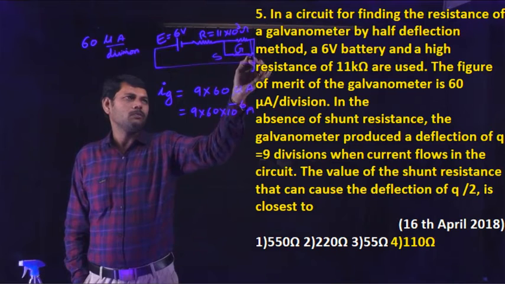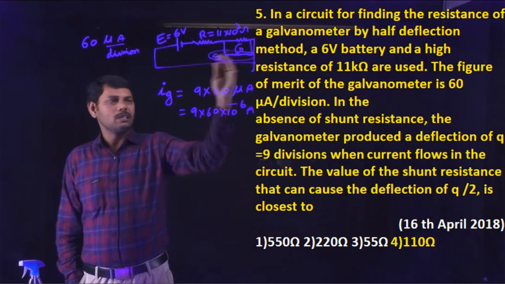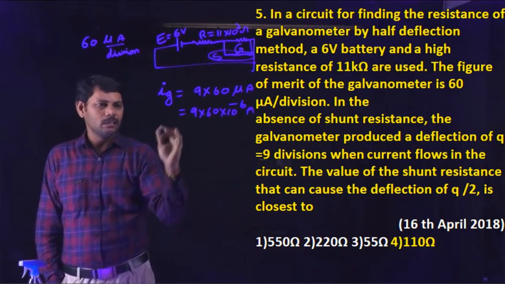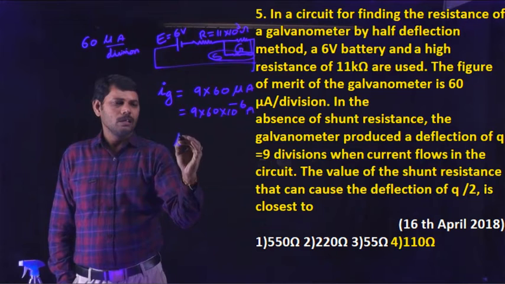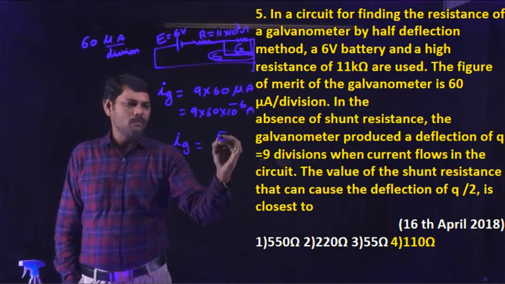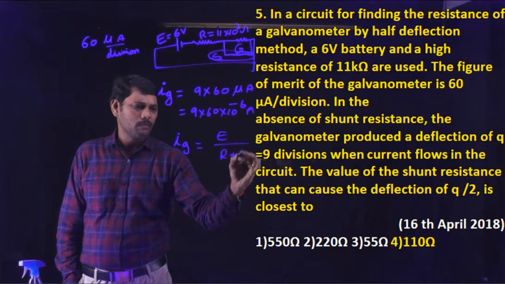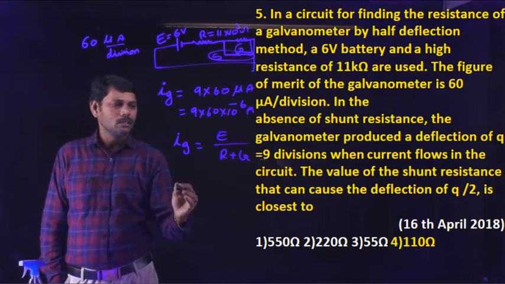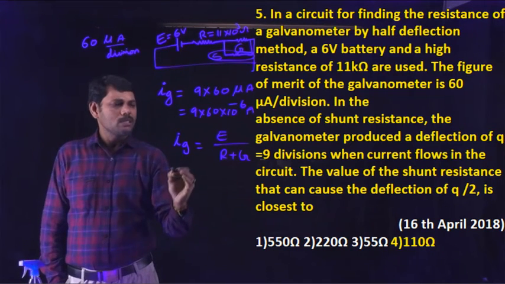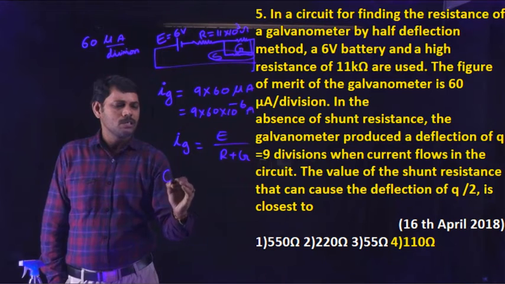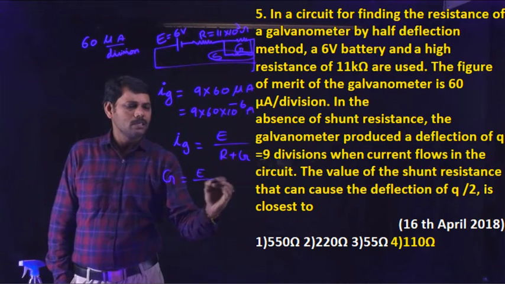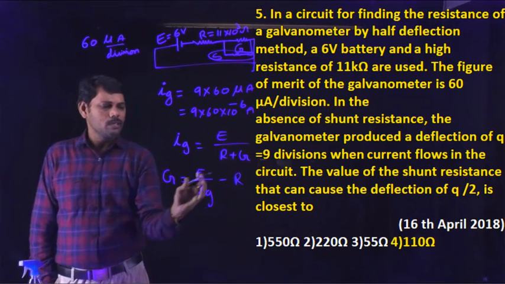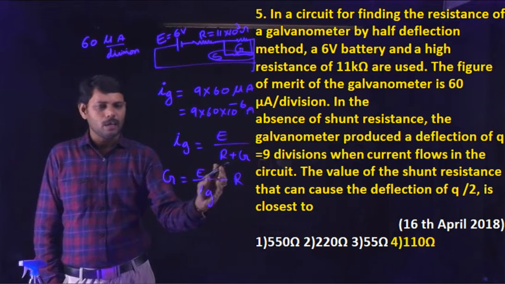If you assume there is no shunt resistance, R and G are purely in series with the battery, then we write Iz is equal to E by R plus G. Then R plus G is equal to E by Iz, or G is equal to E by Iz minus R. Simplifying, the galvanometer resistance is E by Iz minus R.